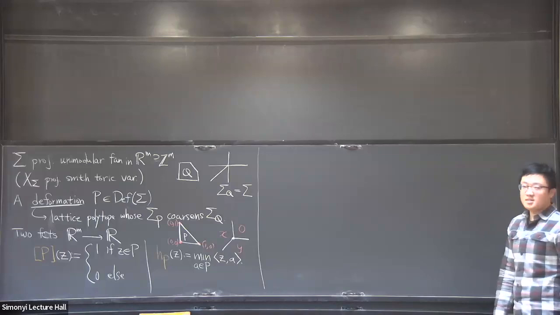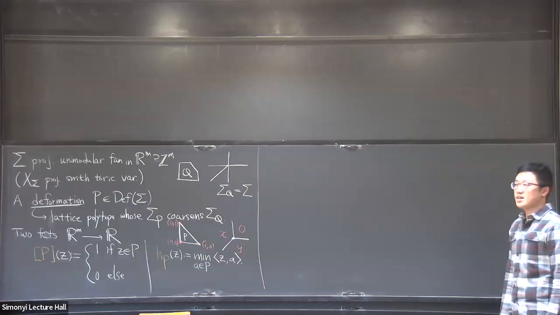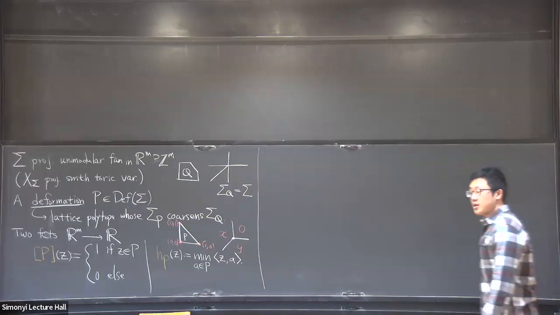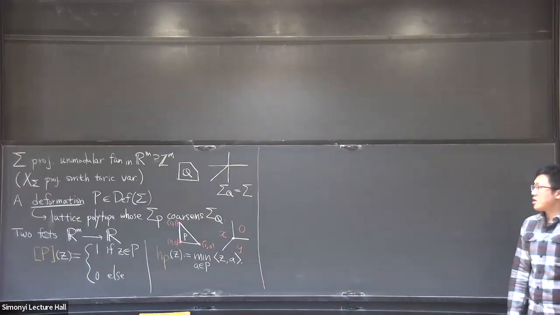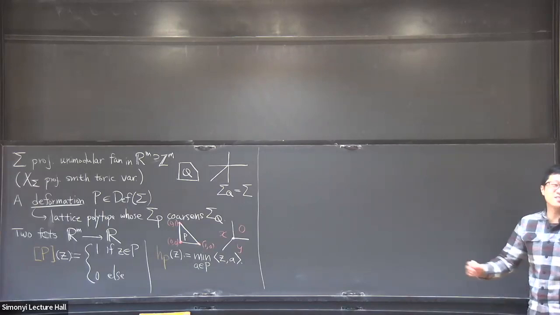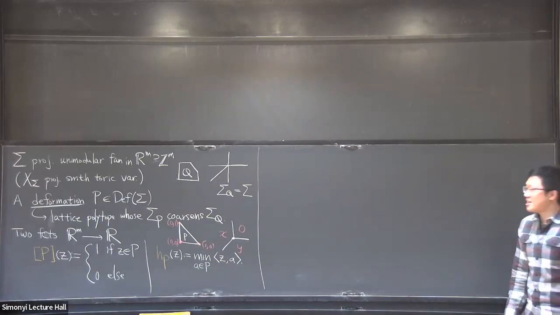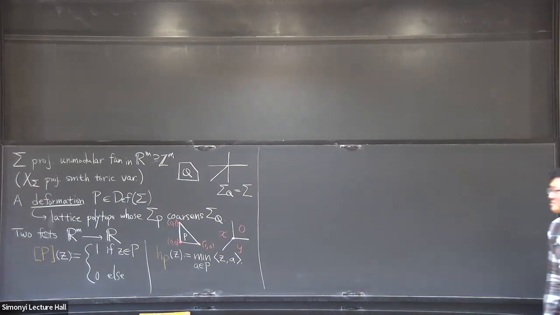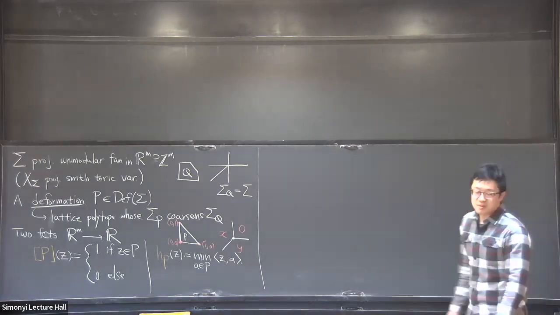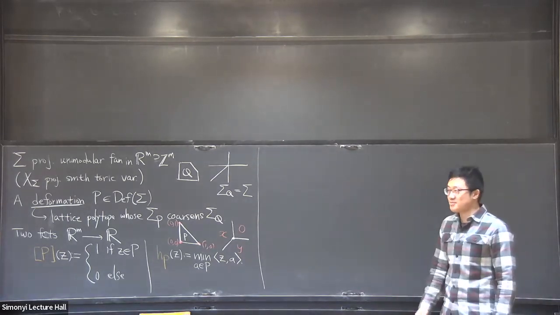Any other questions? So bracket P is a function on the space of the polytope, and H_P is a function on the space of the fan. Yes, so they technically live over different dual lattices. Normally I might try to really distinguish the two lattices, but I'll just have R^m with inner product for today.